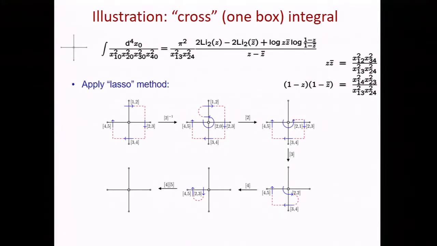And then we call our method the lasso method because we sort of throw on a Yangian product, a monodromy, as a lasso around our graph.